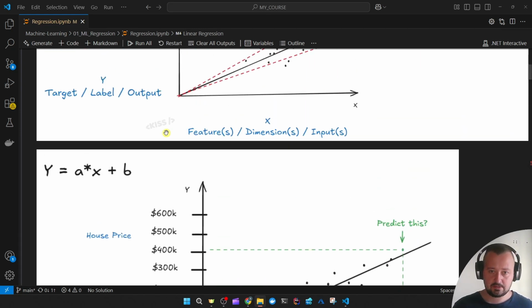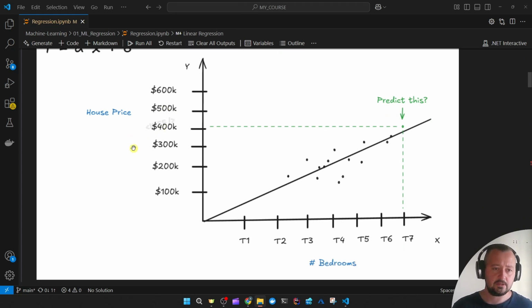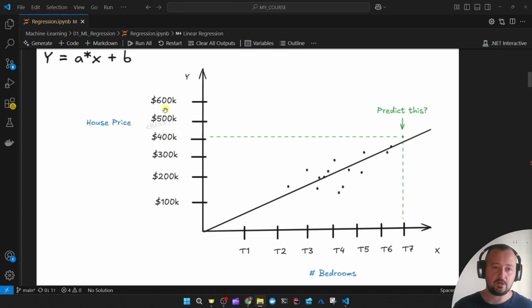Okay, then let's continue with a very simple example. The house prices on the y-axis are the labels, or the outputs, or the targets. And then the features would be 1 bedroom, 2 bedrooms, 3, 4, 5, 6, 7 features, or the inputs.